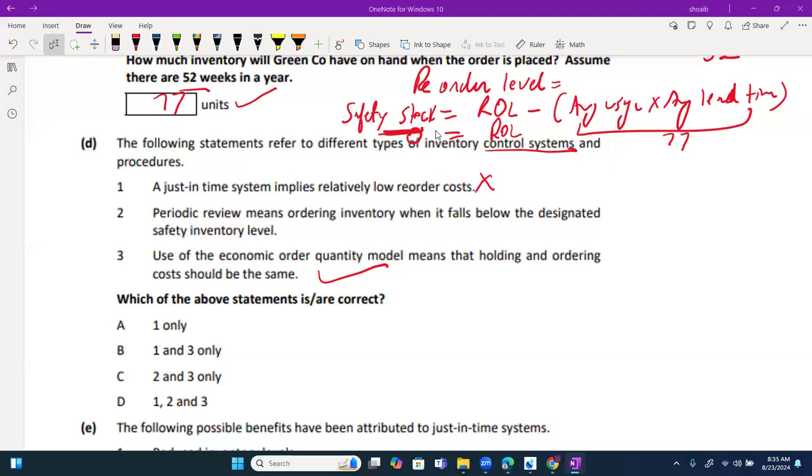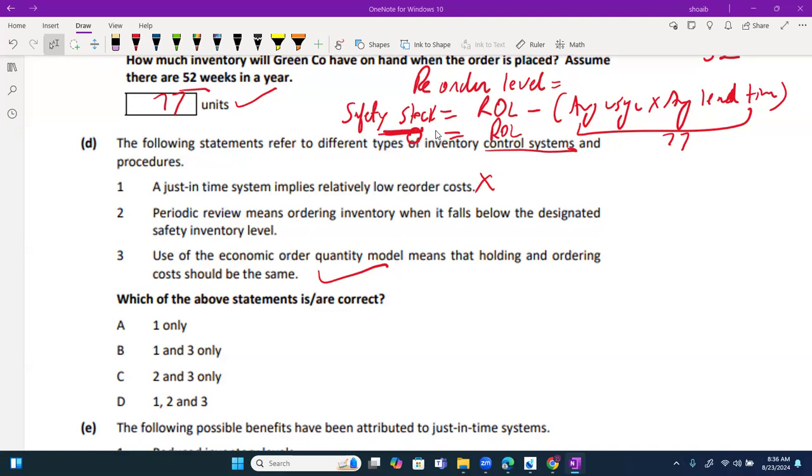Right? So the reorder cost, if the reorder costs are high, if the per order cost is high, just-in-time is not viable. Just think, in just-in-time, you have to give frequent orders.